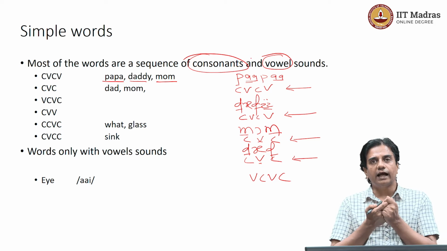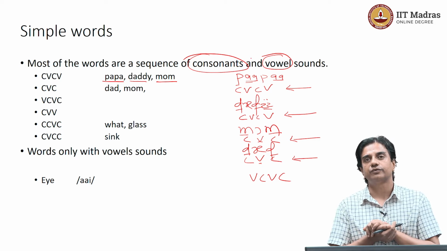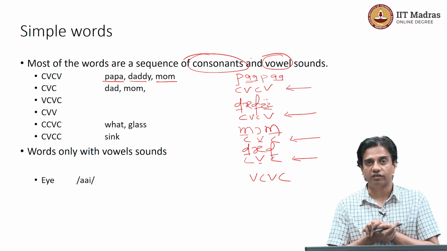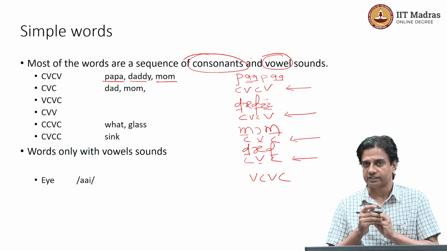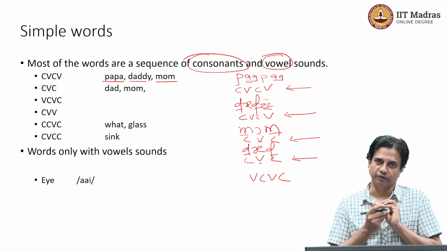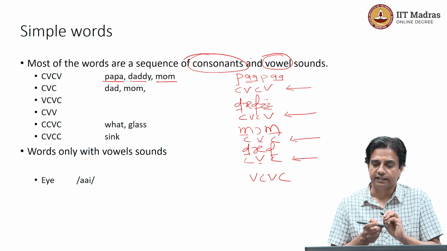At this stage, based on your understanding of consonant sounds, vowel sounds, and how they come together to make simple or complex words, there is a very simple exercise that will help you look into that.